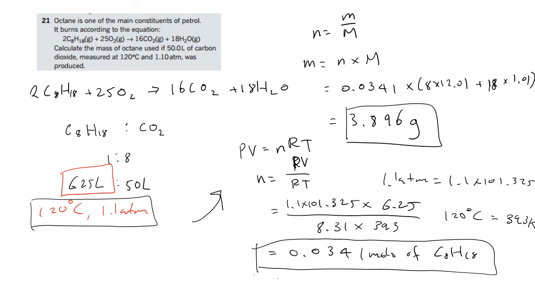Therefore, we can say that 3.896 grams of octane was used to produce 50 liters of carbon dioxide.